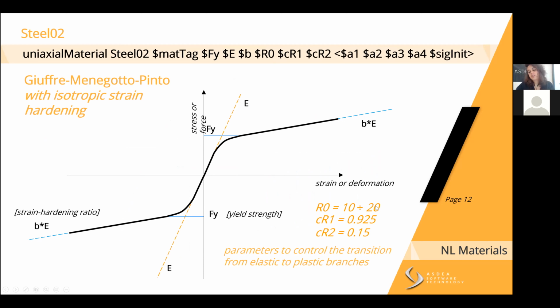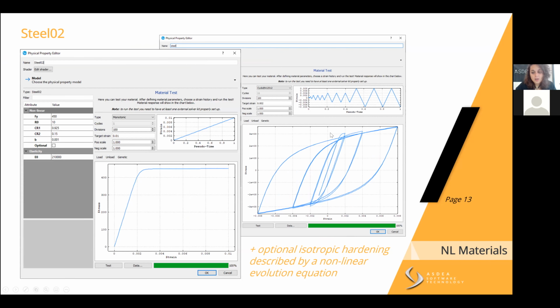These are the default values that are suggested by the OpenSees documentation. You can actually see what changes if you play with them through the material tester in STKO. And of course, here we have an unloading and reloading branch, which models the same transition between the plastic and elastic branch, also in the unloading and reloading.